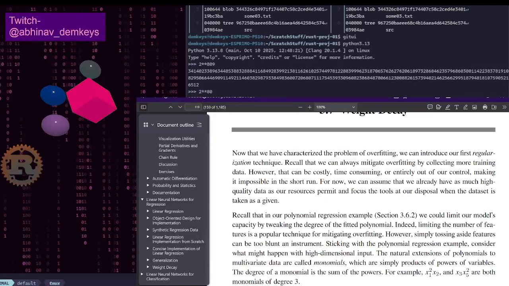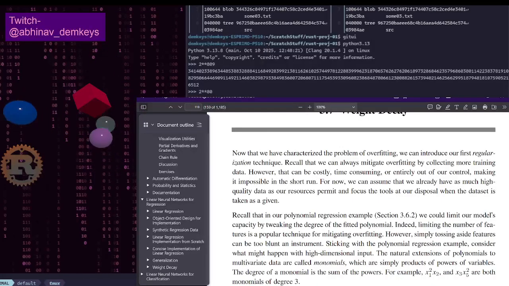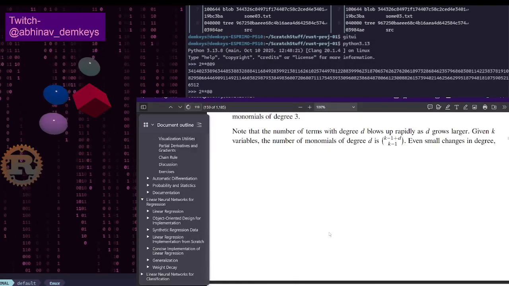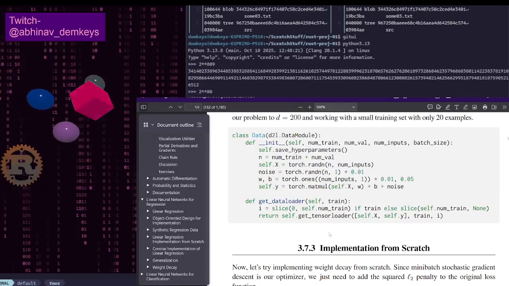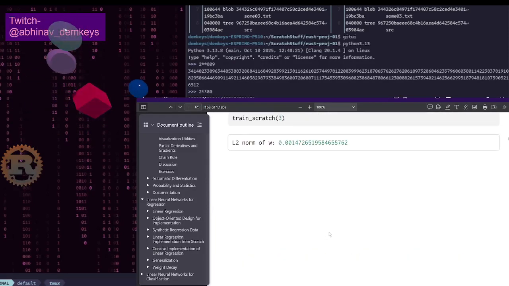For now, we can assume that we already have as much high quality data as our resources permit and focus on the tools at our disposal when the dataset is taken as given. Okay, wait. We'll look into weight decay later. Right now, this is still okay.